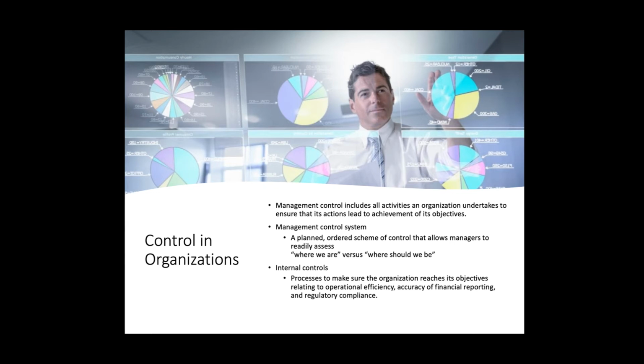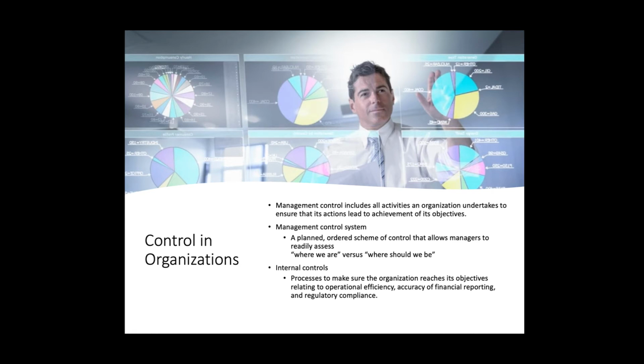You see the illustration above of a manager looking through an on-screen dashboard to be able to instantly see where things are. That's just a representation of what it means, so that managers at any moment in time are able to easily assess where are we right now versus where are we supposed to be. And that includes a whole process of internal controls.